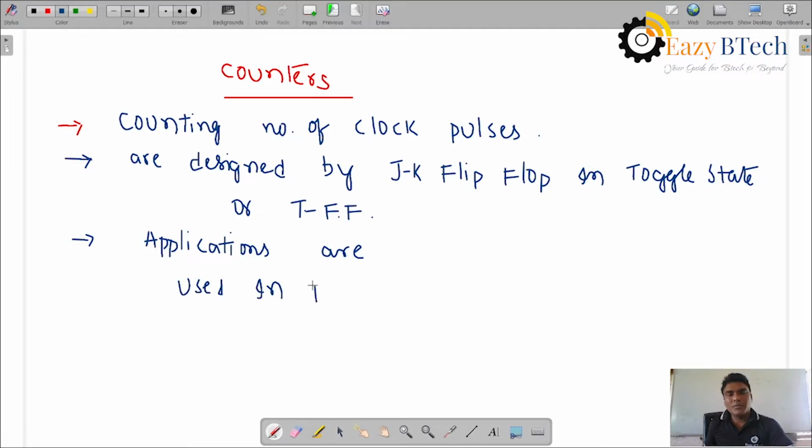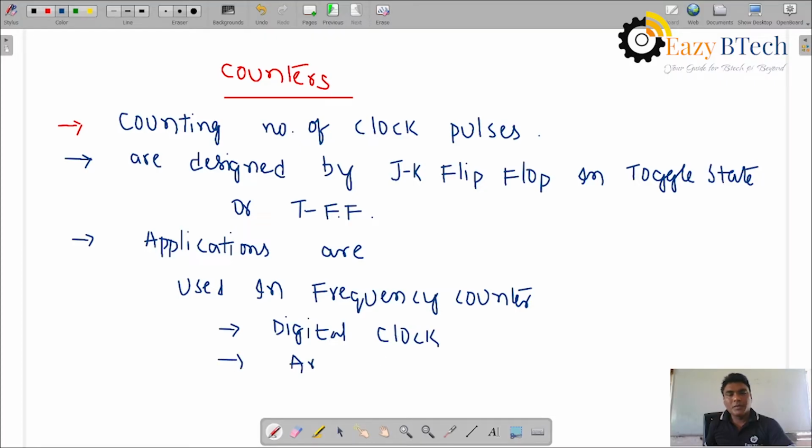Counters are used in frequency counter, also RF counter, radio frequency counter. Another one, digital clock, A to D converter, analog to digital converters.